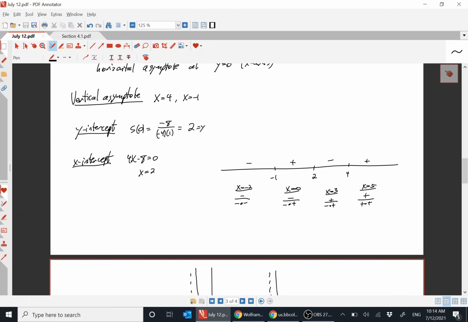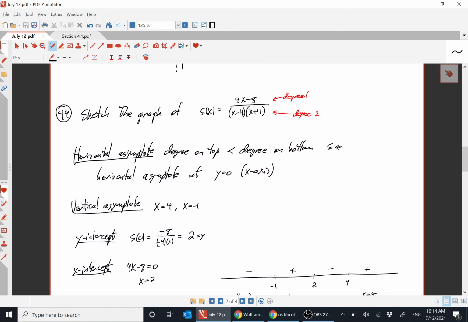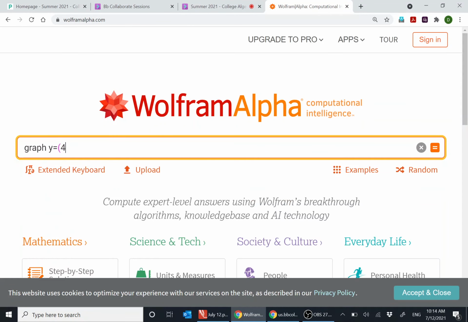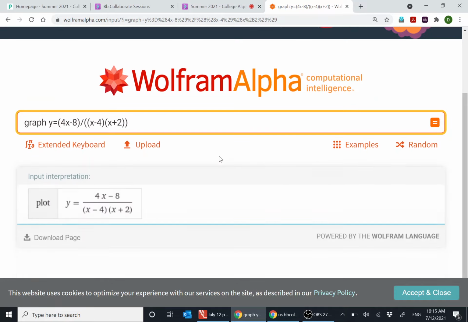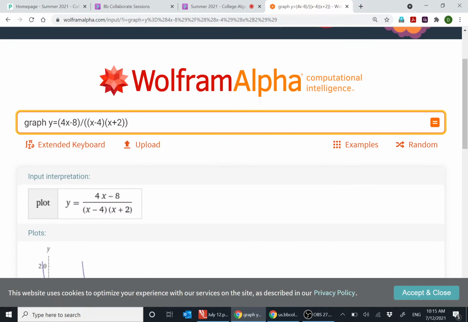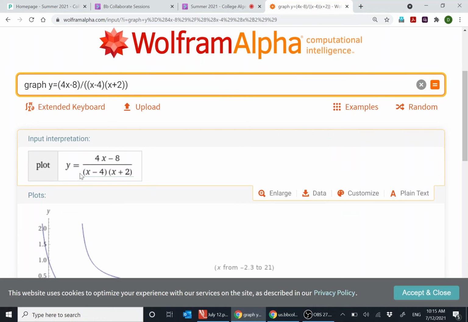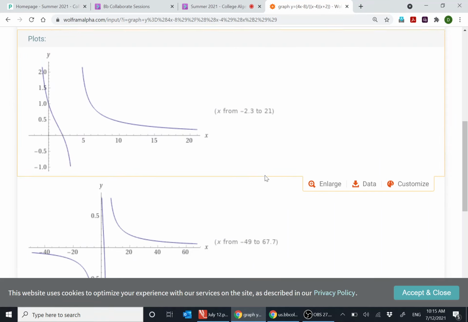It was 49, 4x minus 8, oops, 4x minus 8 divided by x minus 4, x plus 1. So, when you type in your question query, it tells us, well, this is how I interpreted it, plot this, and that's what we're looking for.